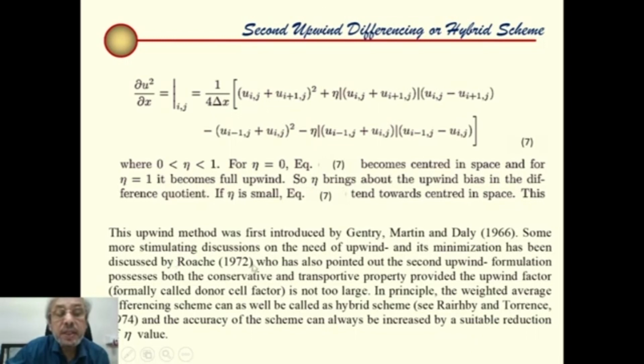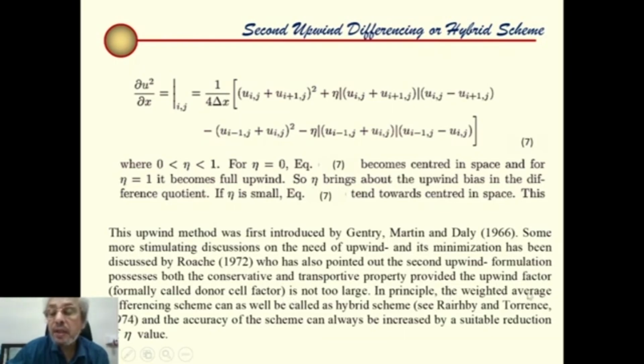It is probably the first formal textbook on CFD, Roache's book, 1972, who first pointed out the second upwind formulation possesses both the conservative and transportive property, provided the upwind factor, that is eta, formally called the donor cell factor, is not too large.